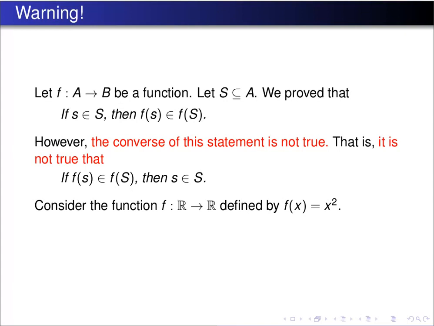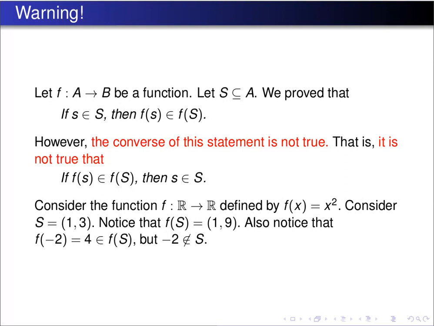Okay, so for example, consider the function from the reals to the reals defined by f(x) equals x squared, and consider the interval [1, 3]. All right, so suppose S is the interval [1, 3]. f(S) is the interval from 1 to 9. f(-2) is equal to 4, and that's an element of the image of S under the function f.